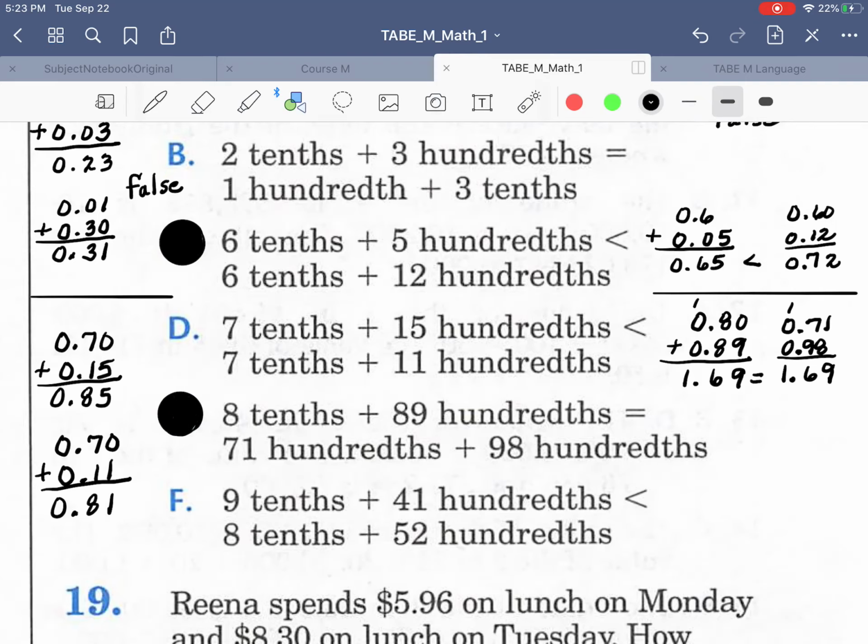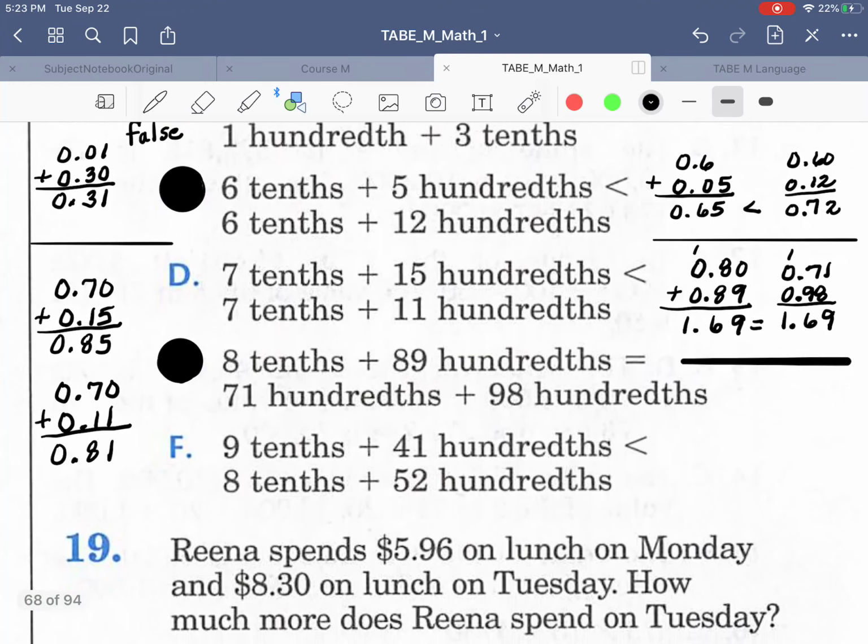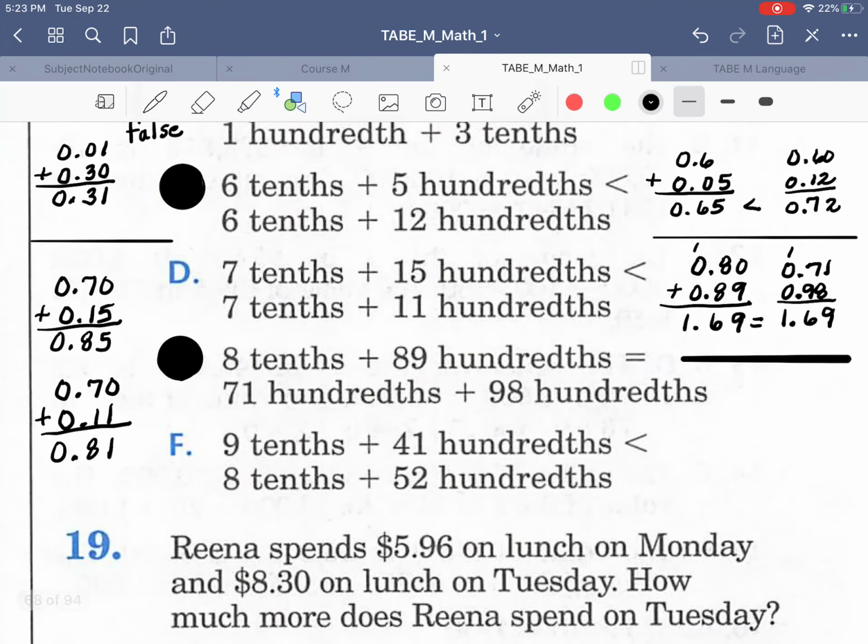And hopefully F is going to be true because I am looking for 3 of them. But let's see, because I could have made a mistake. Here's F. Have 9/10, 41/100ths. That's 0.50 is less than 8/10, 52/100ths.